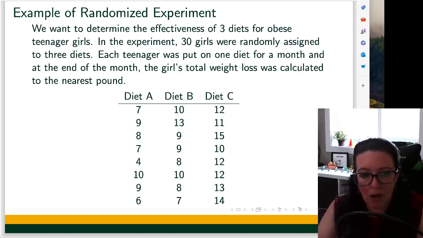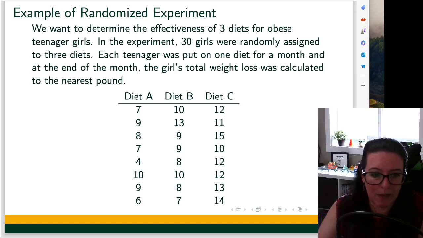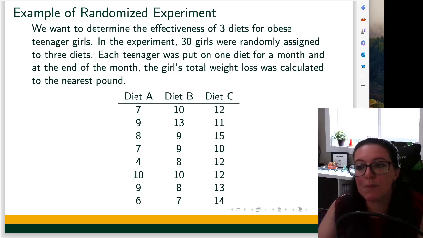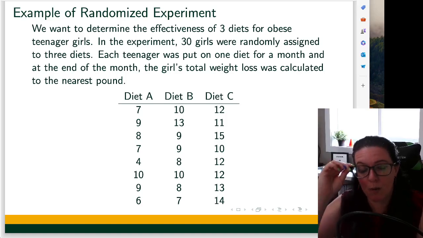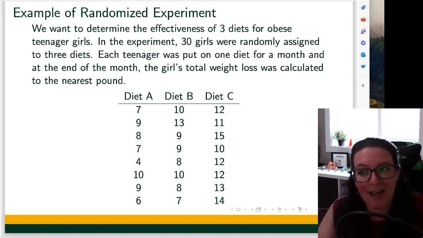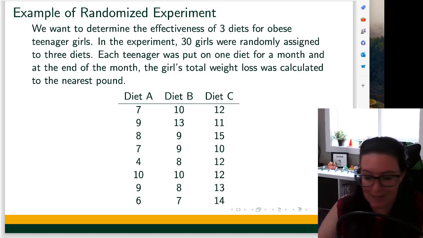An example of a randomized experiment. So the treatment is the type of diet, and we have our 3 groups, and then we can compare, and we'll talk about different statistical tests, but we can test to see if the average weight loss is different between treatment A, treatment B, and treatment C.